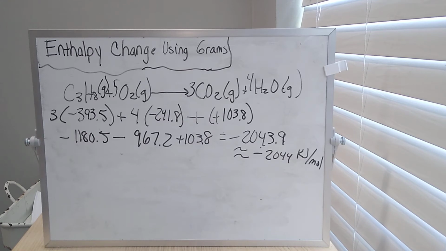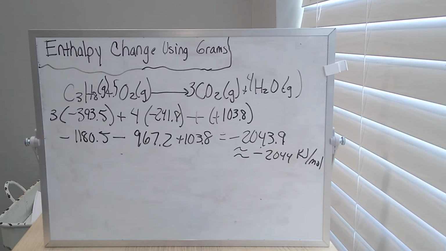You may just have that beginning information of when gaseous propane is burned, reacts with oxygen, CO2 gas and water gas are produced. You may not be given the hint, write a balanced equation for this reaction, calculate the enthalpy change for it, then move on to this next question.